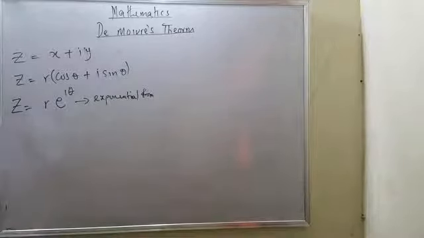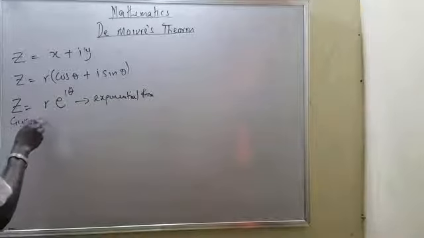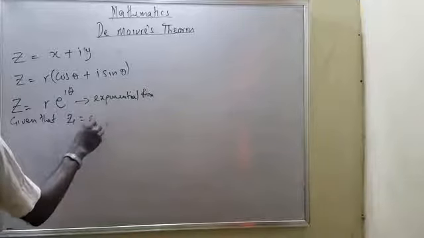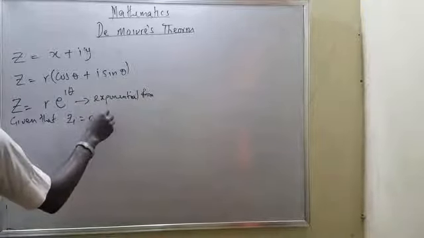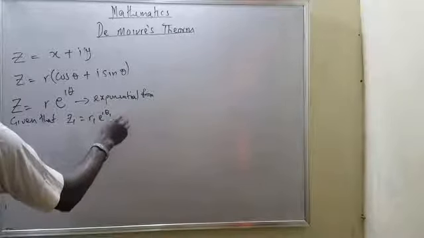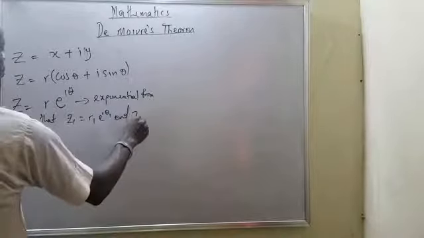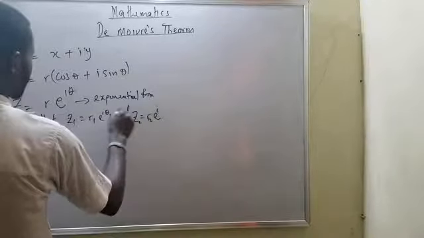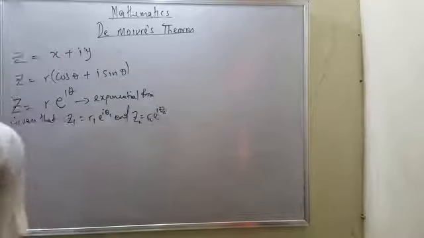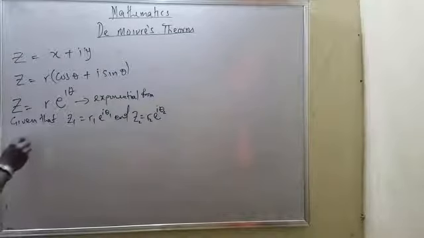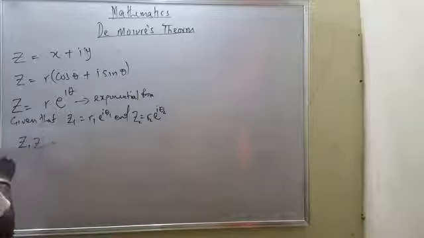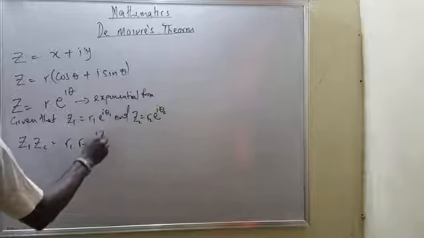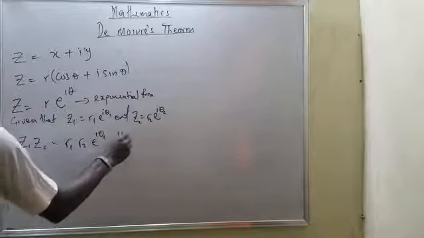Now, given that z1 equals r1 e^(i theta 1) and z2 equals r2 e^(i theta 2), my z1 z2 will be equal to r1 r2 times e^(i theta 1) times e^(i theta 2).